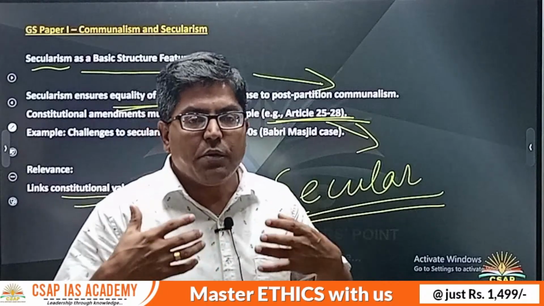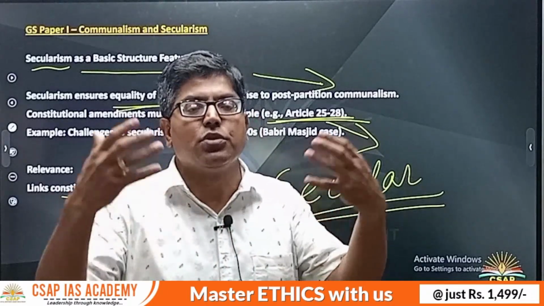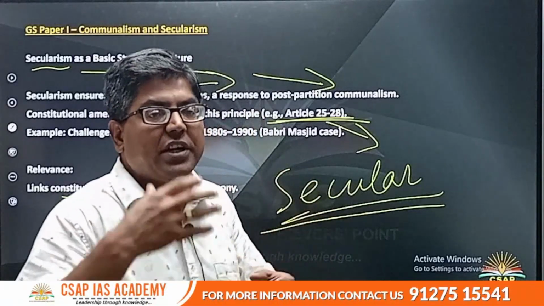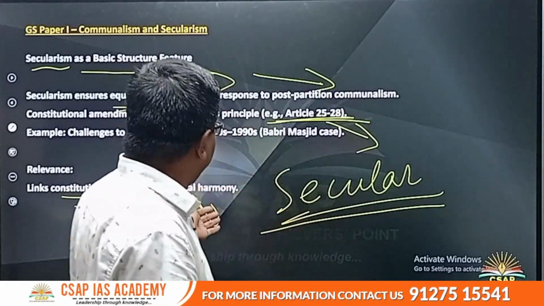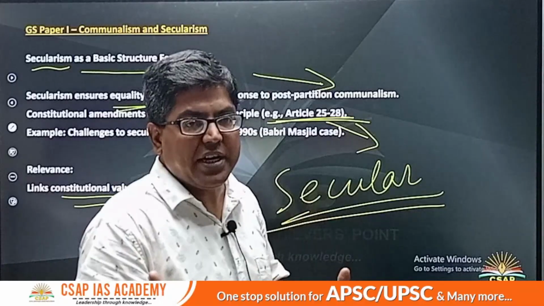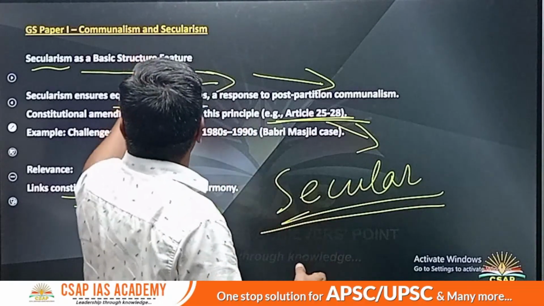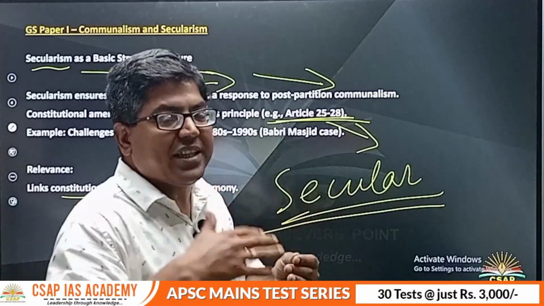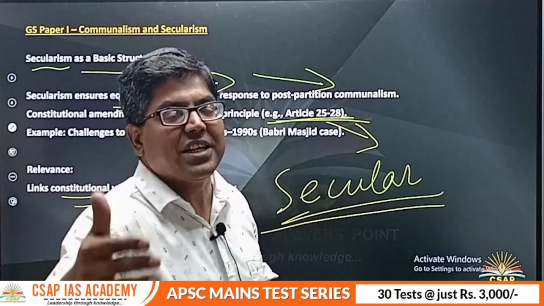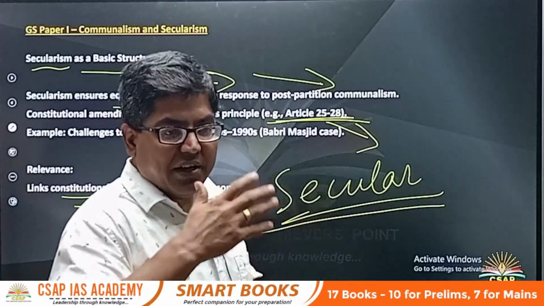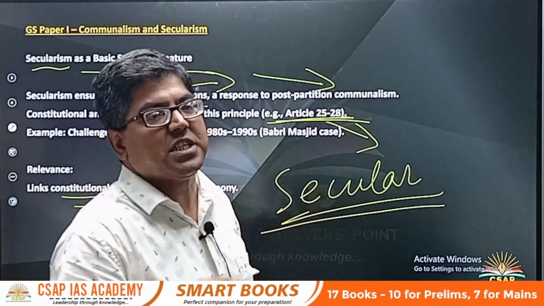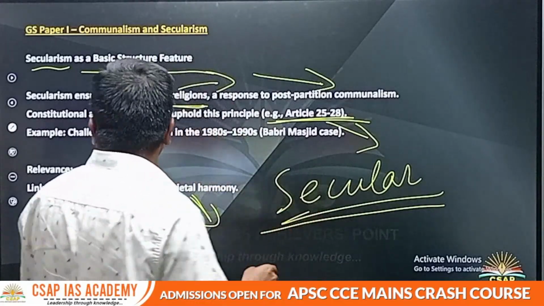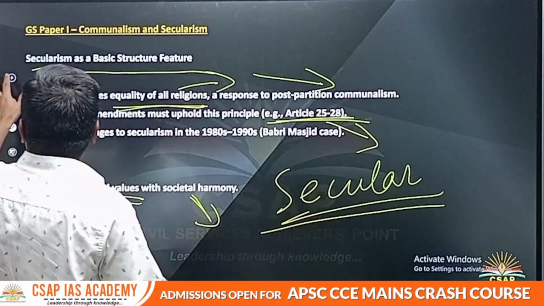If we truly abide by the constitution's spirit, then the spirit of the constitution actually tries to promote harmony in society. And we are dealing with Indian society, for example. What are the challenges in Indian society? So various topics from GS Paper 1 can be connected to this topic, and that is what we wanted to highlight.